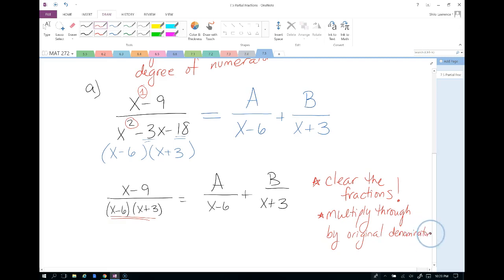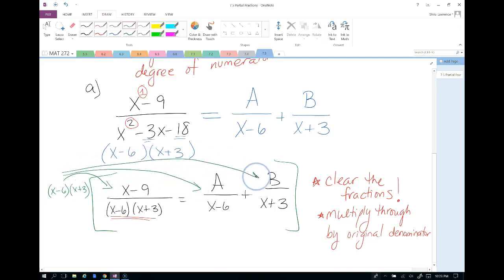Mathematically, this is legal as long as we multiply everything by x minus 6 and x plus 3, as long as we multiply all the terms by it. So I'm going to multiply all three of my terms here by x minus 6 and x plus 3. I'm going to multiply here, here, and here.